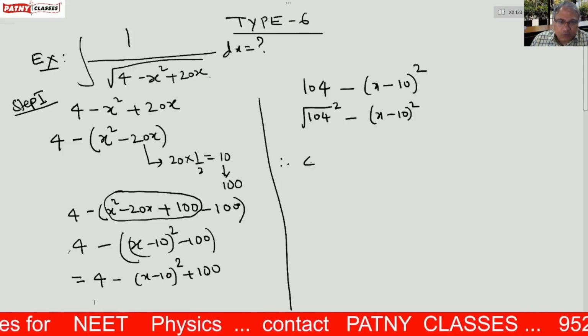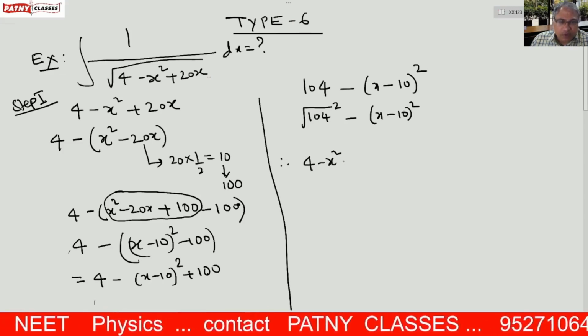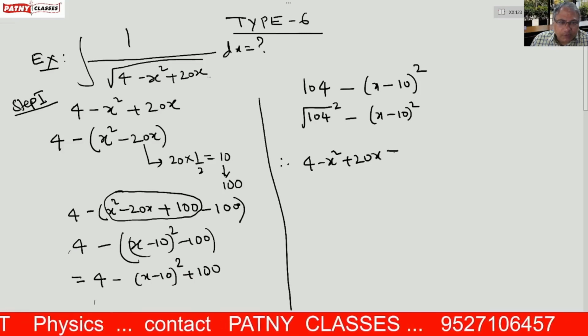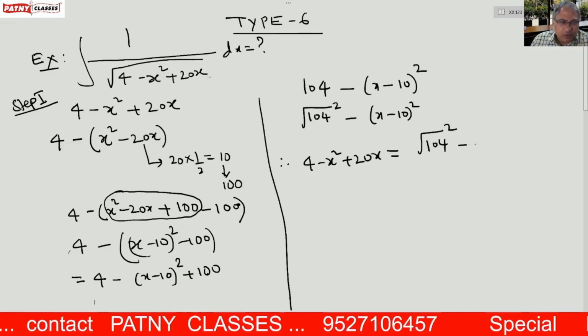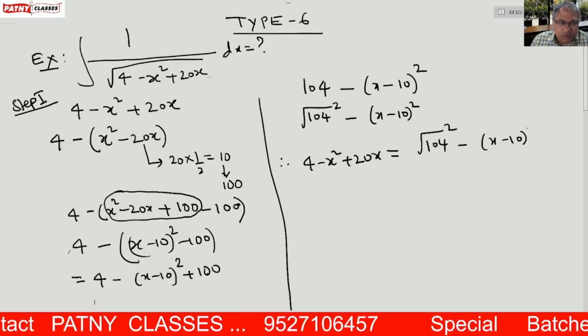Therefore 4 minus x square plus 20x equals root 104 square minus x minus 10 whole square.